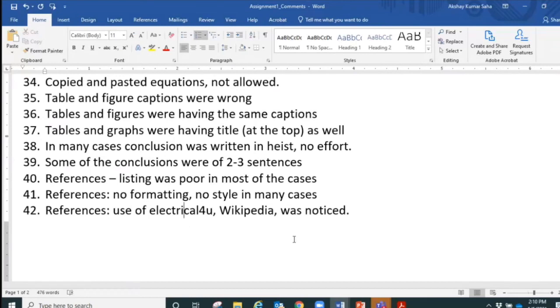Wikipedia is available to everyone; anyone who has a phone these days and some data can go to Electrical4U and Wikipedia and so on. They can do whatever they want to do. So if they can do that without being registered at the university, just having a phone and some data, then why are we claiming ourselves better than them?